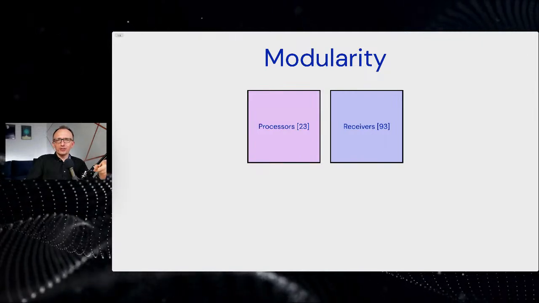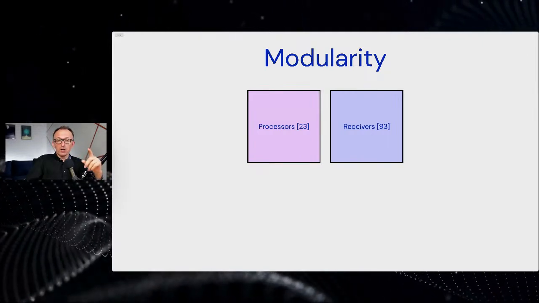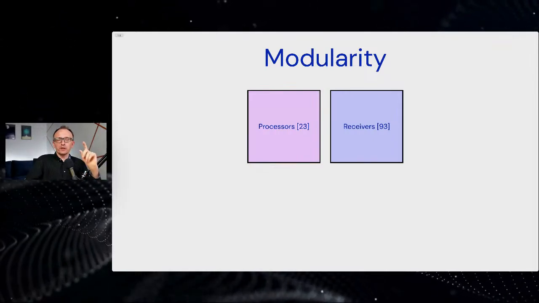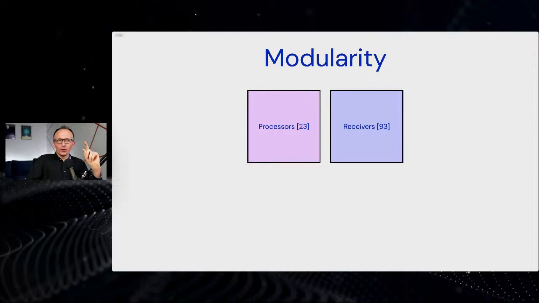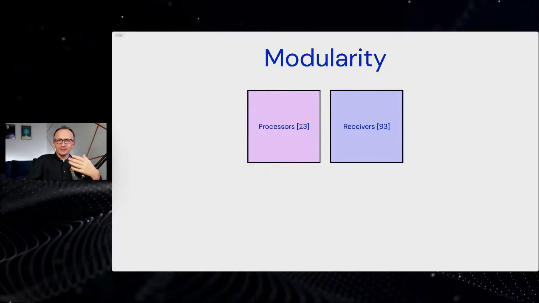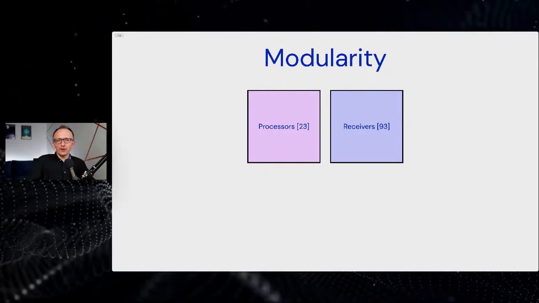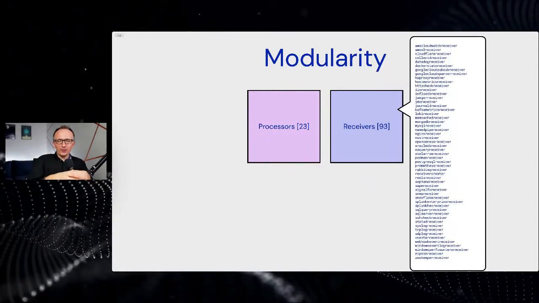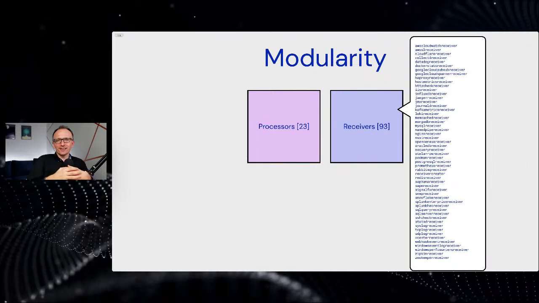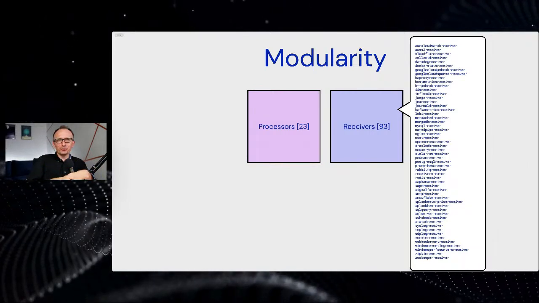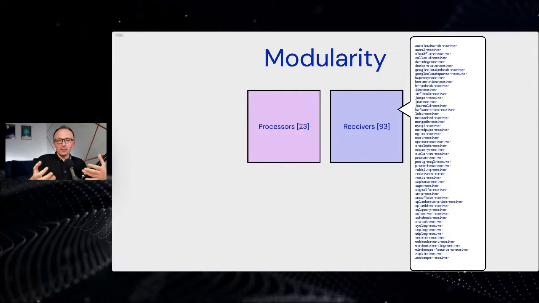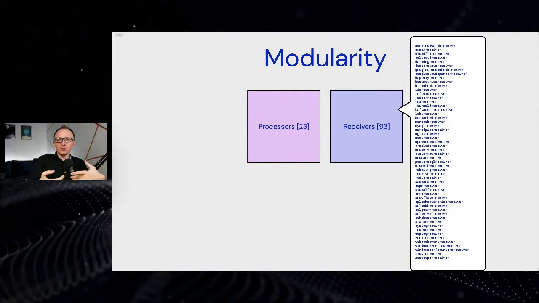And as you can see, there are almost 100 receivers that can accept your data from various sources. This is not a complete list. However, the ones that I find useful or sometimes even funny is that, of course, OpenTelemetry can accept data from your syslogs.